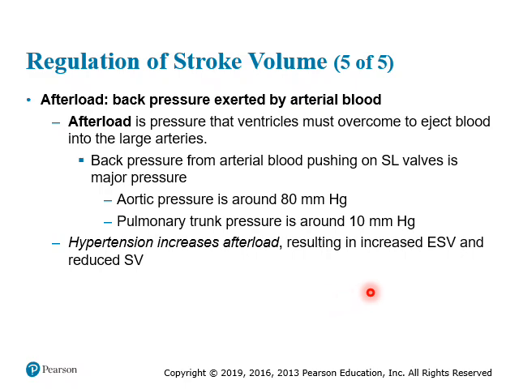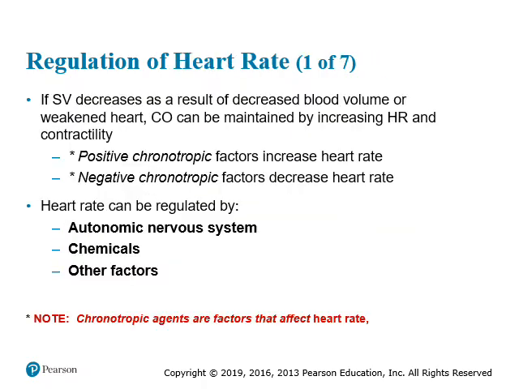It results in increased end systolic volume and reduced stroke volume. If the stroke volume decreases as a result of decreased blood volume or a weakened heart, cardiac output can be maintained by increasing heart rate and contractility.